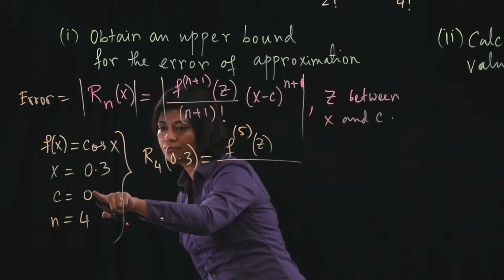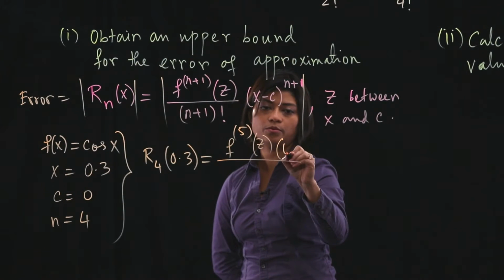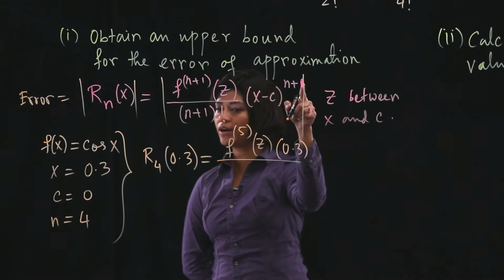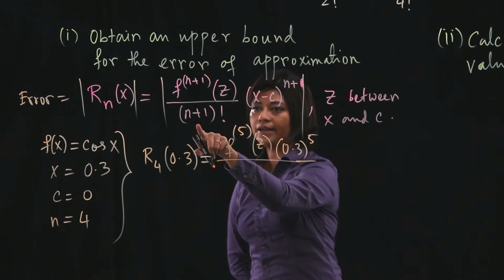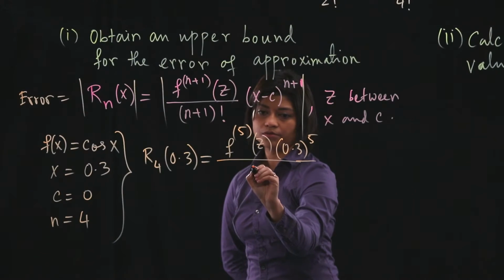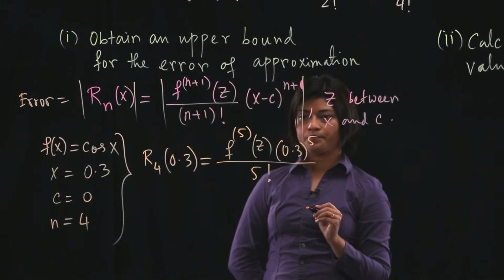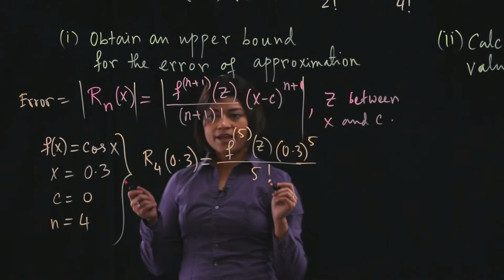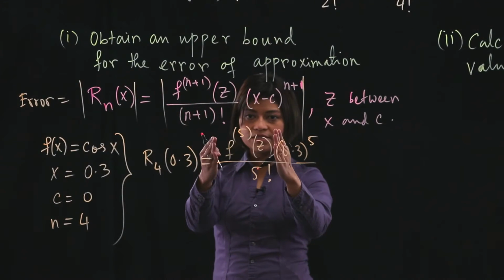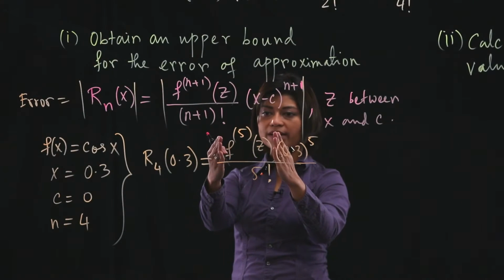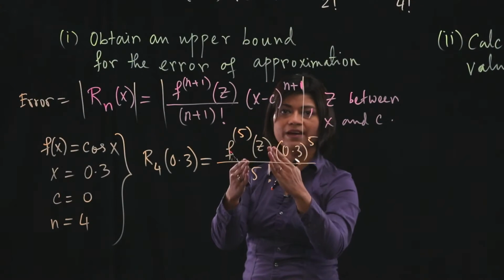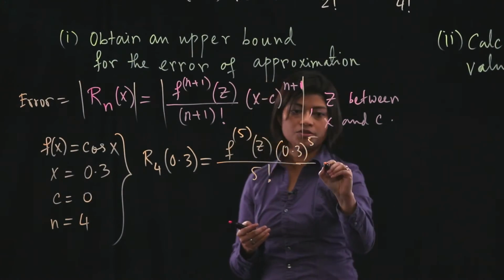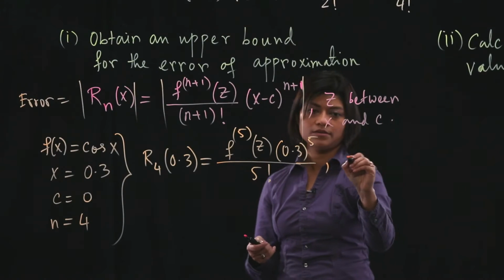Well, x is 0.3, c is 0, so this is 0.3 to the power n plus 1, that's 5. And you divide by n plus 1, which is also 5 factorial. We can figure out the upper bound as soon as we know the 5th derivative of the function evaluated at z. Note, z lies between 0 and 0.3.